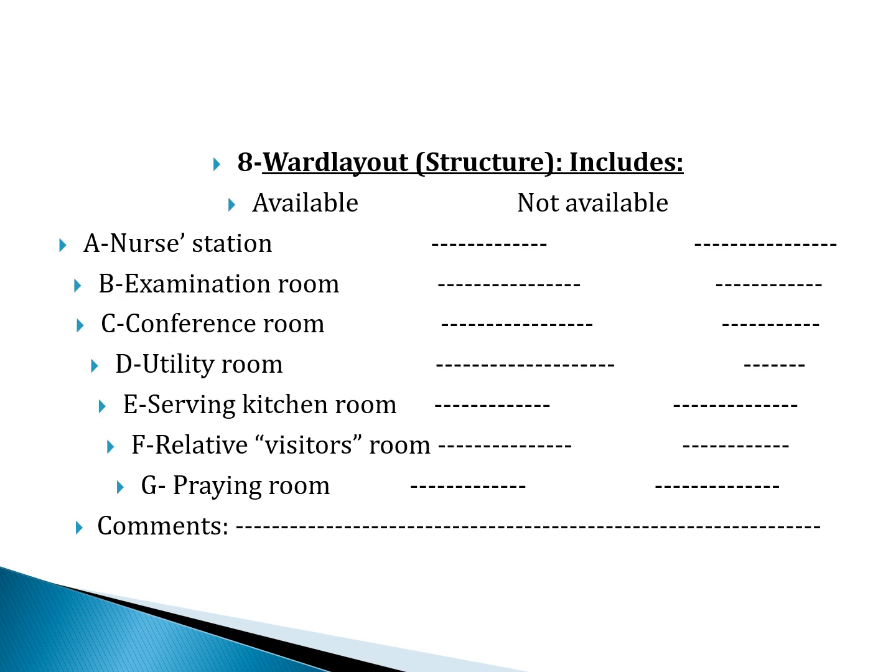Serving kitchen room, available or not available. Relative visitor room, available or not available in the unit. Praying room, available or not available. After you determine the availability of the previous items, you should write the comment to explain and support your answer.